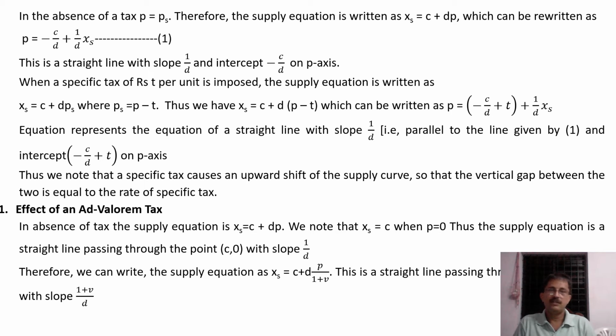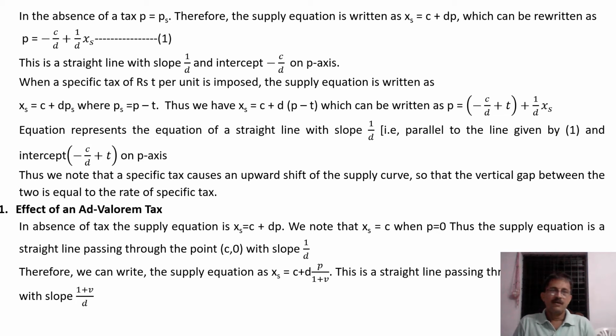This represents the equation of a straight line with the slope 1 by D parallel to the line given by equation 1, and the intercept minus C by D plus T on P axis. Thus we note that a specific tax causes an upward shift of the supply curve, so that the vertical gap between the two is equal to the rate of specific tax.